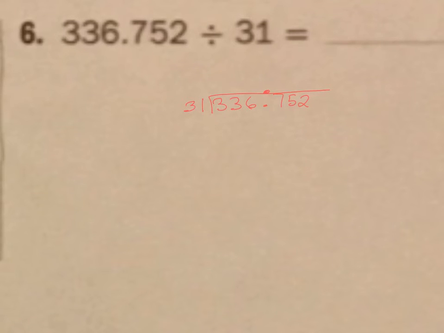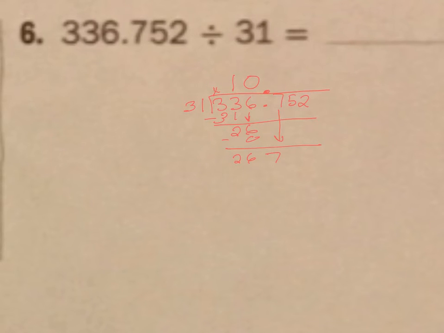31 goes into 3, nothing, but it goes into 33 one time. Subtract out, that's a 2. Bring down my 6. 31 goes into 26 0 times. Okay, so now I subtract that out. That's 26, and then I bring down my 7. So now I have 267.